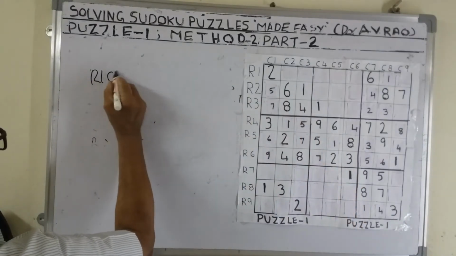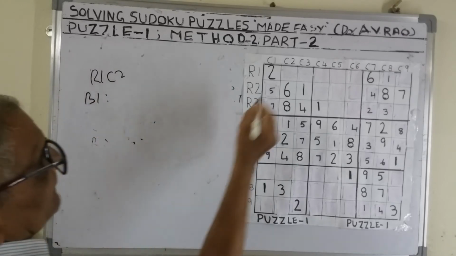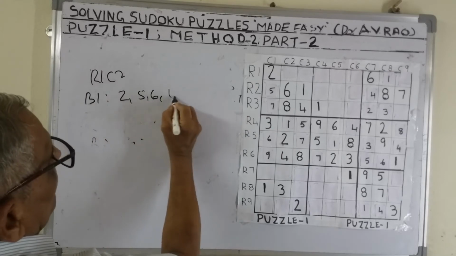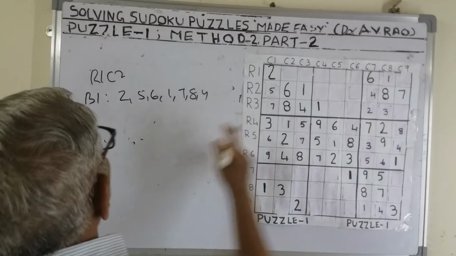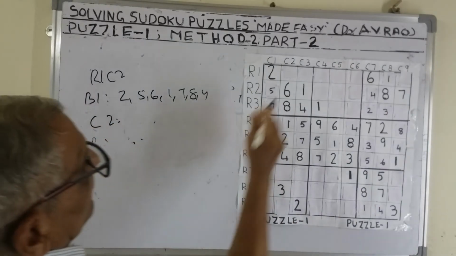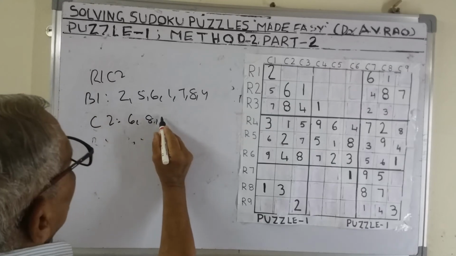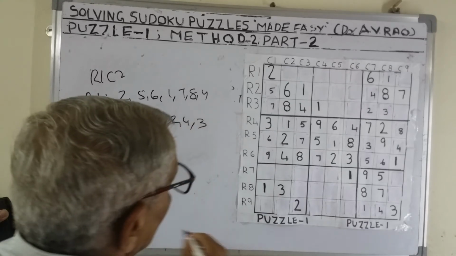Cell R1 C2. It is in box 1. What are the numbers present? 2, 5, 6, 1, 7, 8 and 4. So column C2: 6, 8, 1, 2, 4, 3.